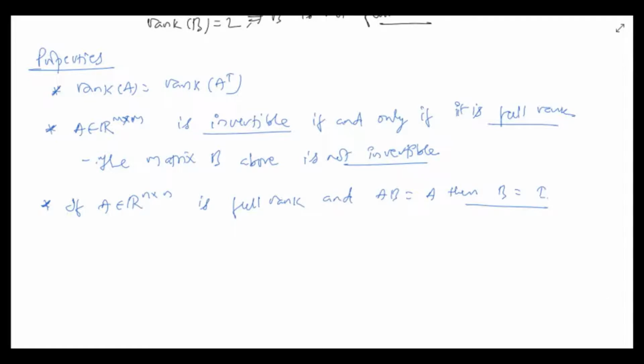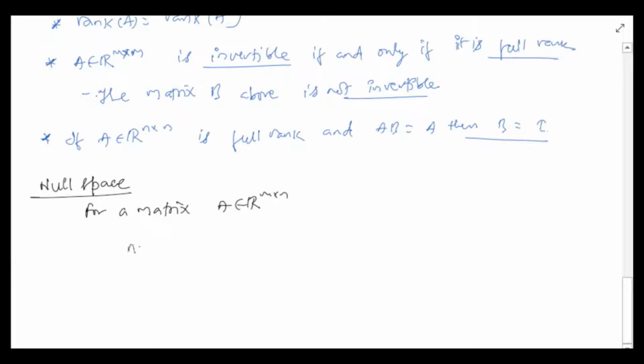The next thing that we will see is what we call the null space of a matrix. Given an m cross n matrix A, its null space, denoted as null of A, is the collection of all vectors in Rn such that A times x is equal to 0.